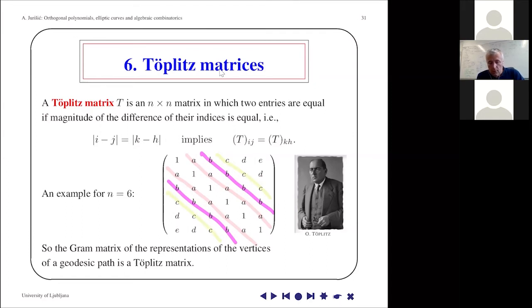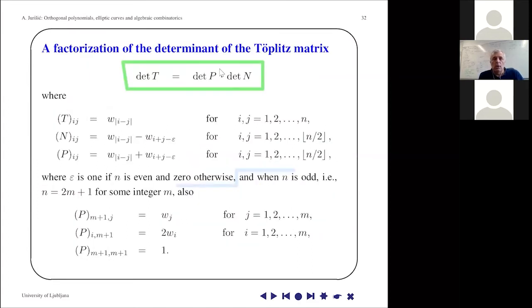Although probably he showed it already, the Gram matrix, when we represent the vertices of a geodetic path, is actually a Toeplitz matrix, and we can use exactly that, together with equitable partitions.